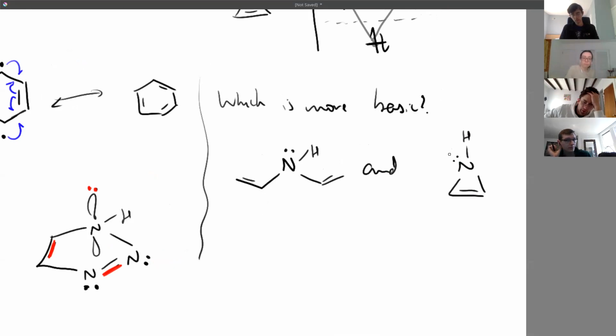The right one is more basic. What makes you say that? Because the left one is conjugated. The right one is also conjugated, but isn't that really unstable?